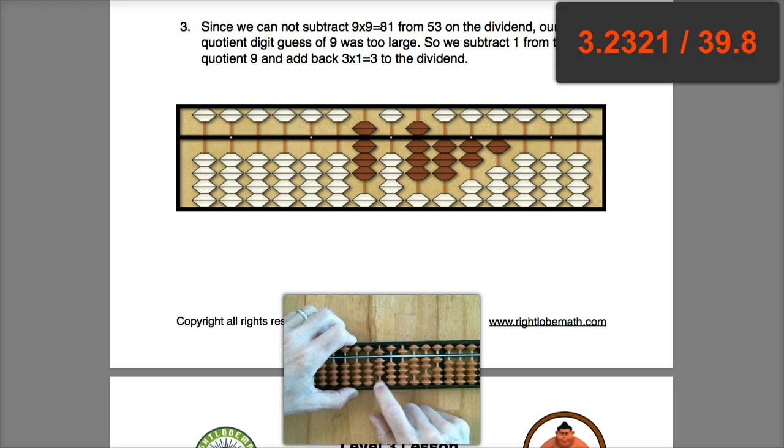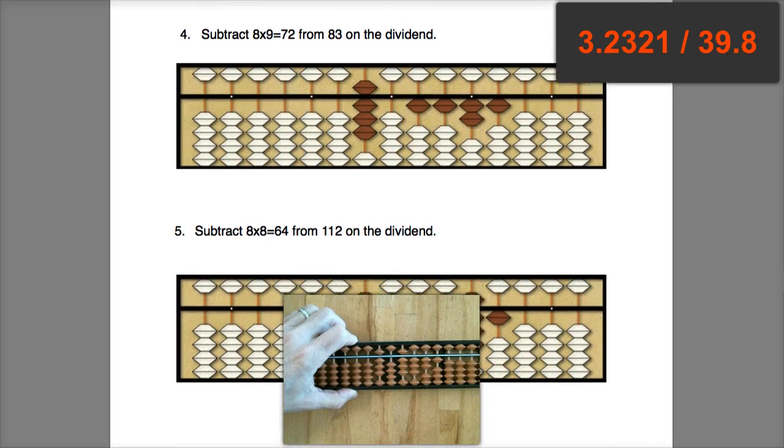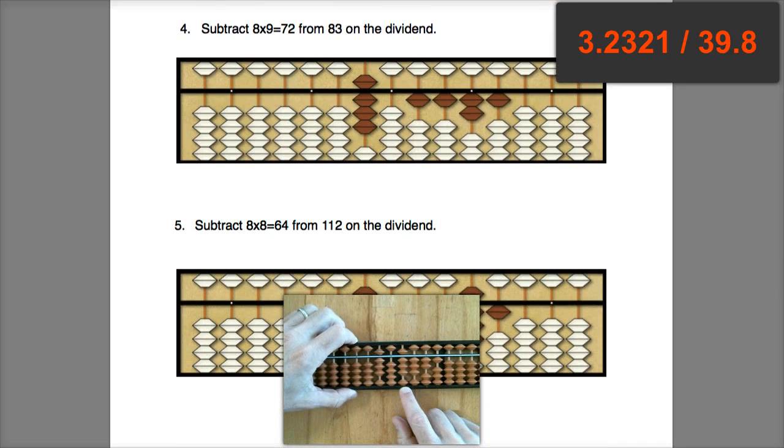So I'll have to reduce it by 1 and then add back 3 times 1, which is 3, on the dividend. Okay, so now I can complete that subtraction. I'm going to do 8 times 9, which is 72, and I can subtract that from this 83, so I'll subtract my 72 like that.